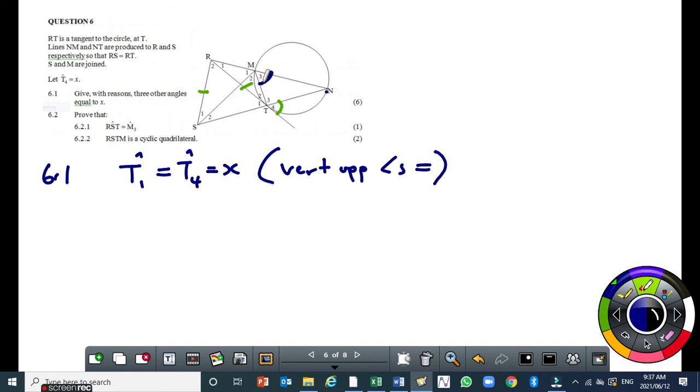So first let me write that angle M3, I hope you saw this, is equal to T4. Both are equal. This is tan chord theorem.